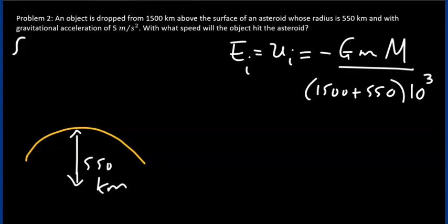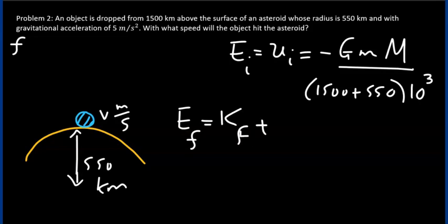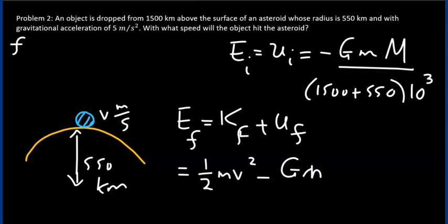The final state of the system is when the object hits the asteroid with some speed v meters per second. So the final energy of this object would be kinetic energy plus the gravitational potential energy. The kinetic energy is half times its mass times the unknown speed that we are trying to compute, plus the gravitational potential energy, which is G, the gravitational constant, times the product of the masses, the mass of the object and the mass of the asteroid, over the distance.